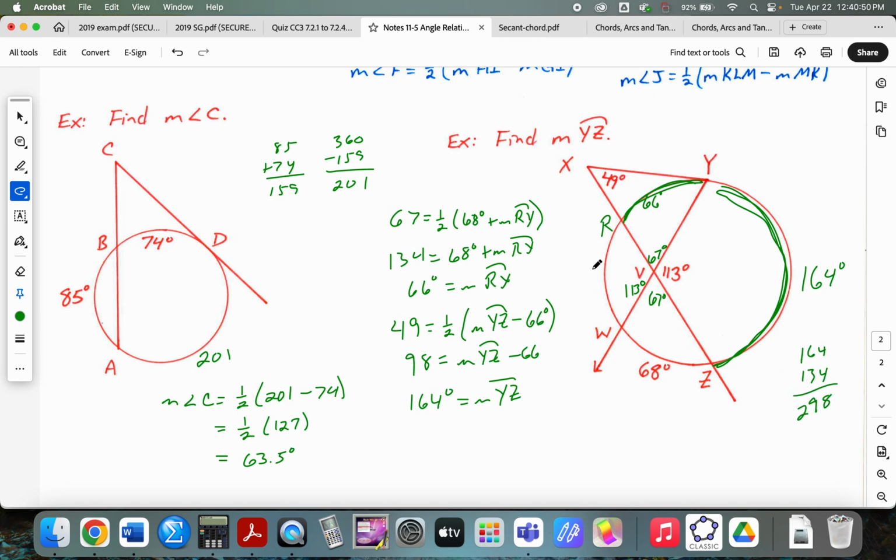Which would then mean that this arc, subtracting that from 360, would be 62. Let's see, 62 and 164 is 226, cut in half is 113.